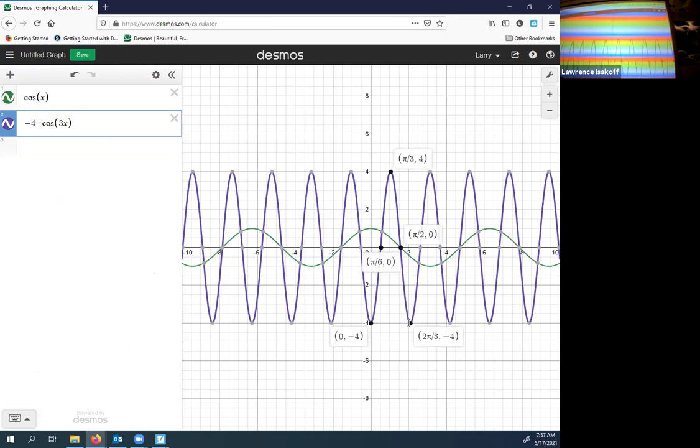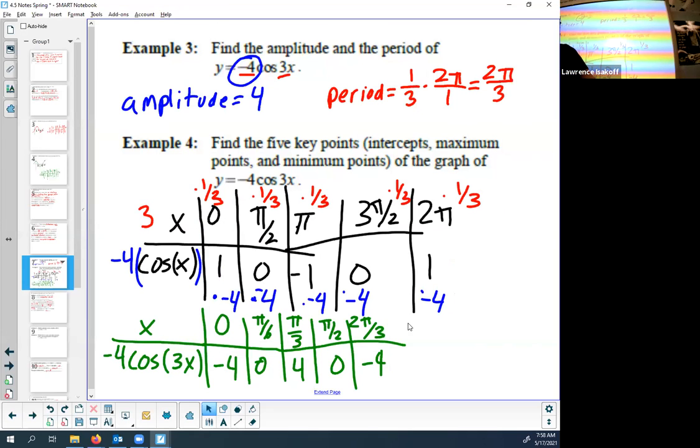So there's my first period. Critical points from the first period are 0, -4, pi over 6, 0, pi over 3, 4, pi over 2, 0, 2 pi over 3, -4. Same values I listed here. I got it without even graphing.